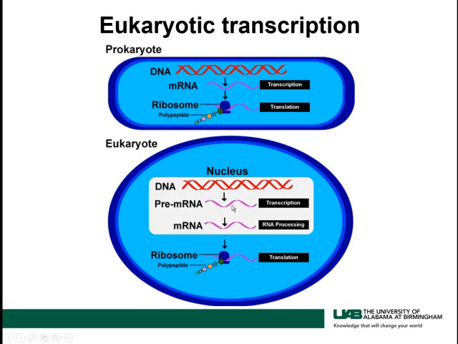Messenger RNA is processed to form the polished messenger RNA, which is now extruded out of the nucleus into the cytoplasm, and there protein synthesis occurs.